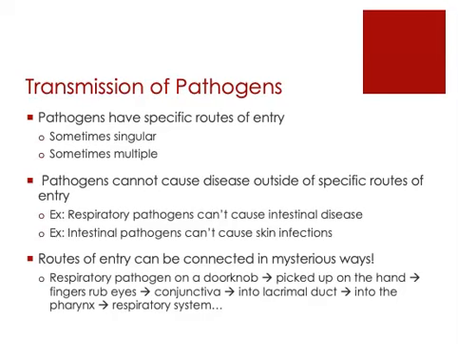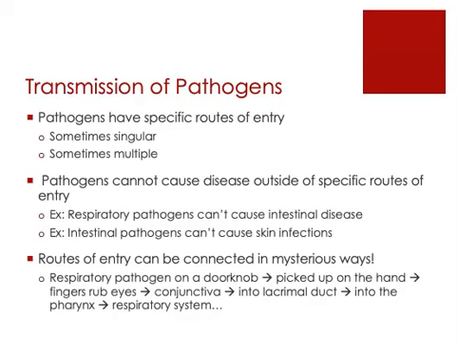That person then touches a doorknob and deposits that pathogen onto the surface of the doorknob. Now another person comes along and touches the doorknob and picks the pathogen up on their hand. And then that person quite innocently rubs their eyes because they're tired. And they introduce that pathogen onto the conjunctival tissue in the eye.